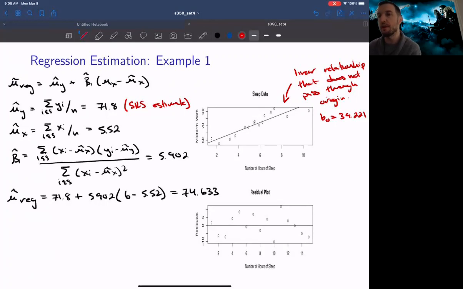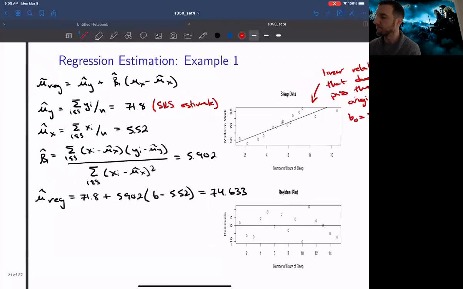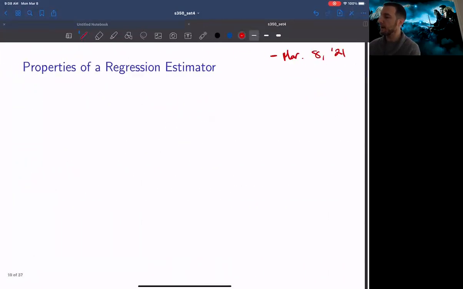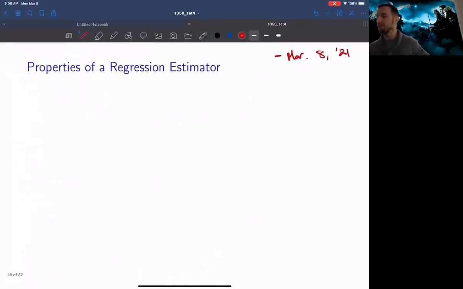Then we can apply that formula to find the variance of mu tilde reg for this particular illustration. So I'm just going to slide back to slide 37. What we're doing now is going through our usual process of deriving the properties of the estimator that we are studying. So for our regression estimator, we have the following.